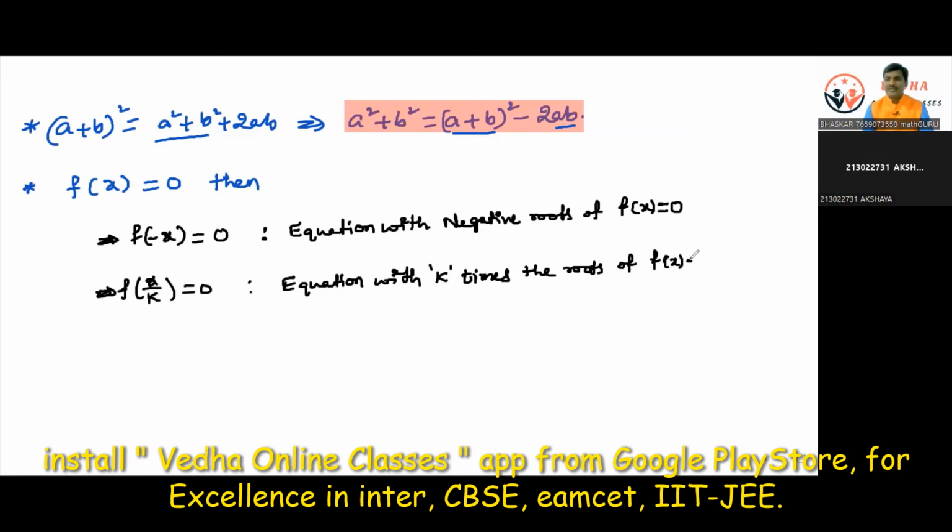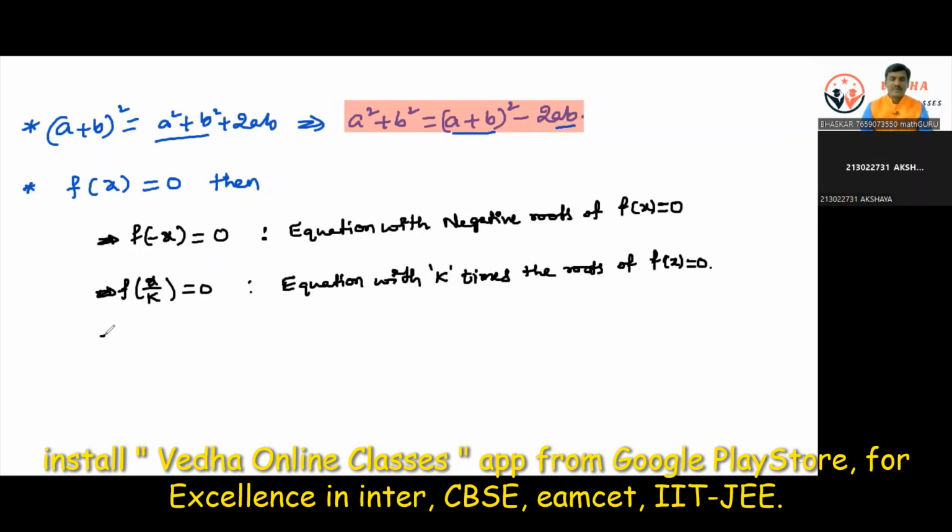If you are multiplying, we divide. If we divide, we multiply. Here negative roots means negative roots only.